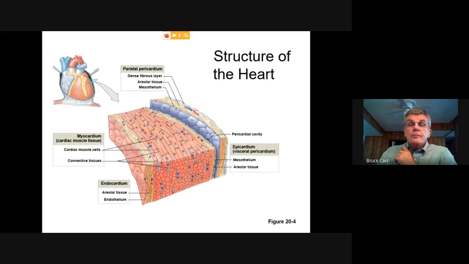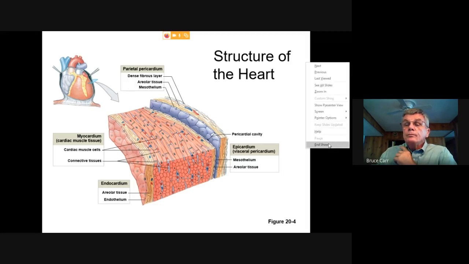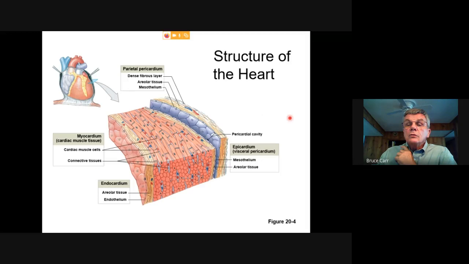Here is an illustration of the heart wall. This is the location right here of the section that has been cut, and you can see these various layers with the parietal pericardium, that outer layer.